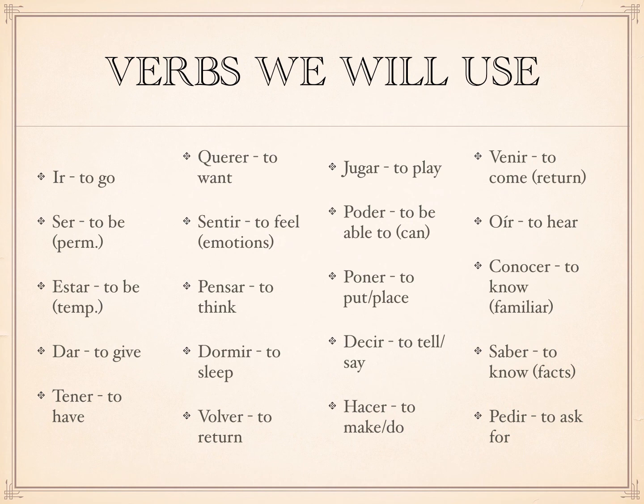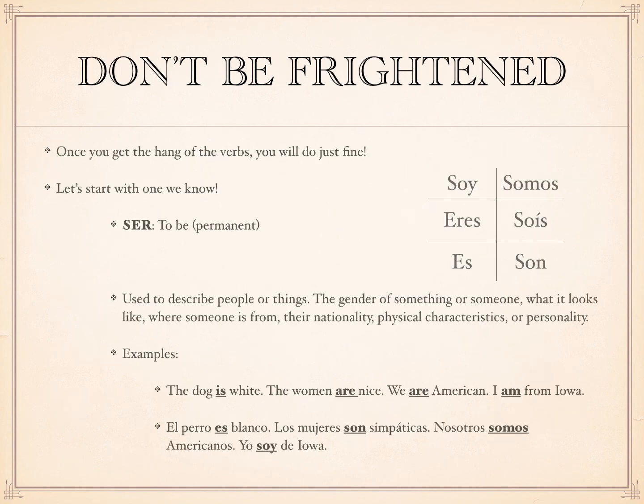Don't worry, we're not going to get to all of them today. We're just going to start with 4. So don't be scared, don't be frightened. Once you get the hang of it, you will do just fine. I totally believe in you.